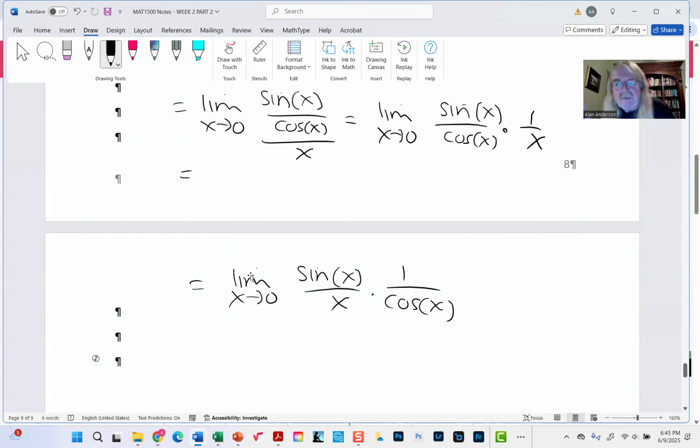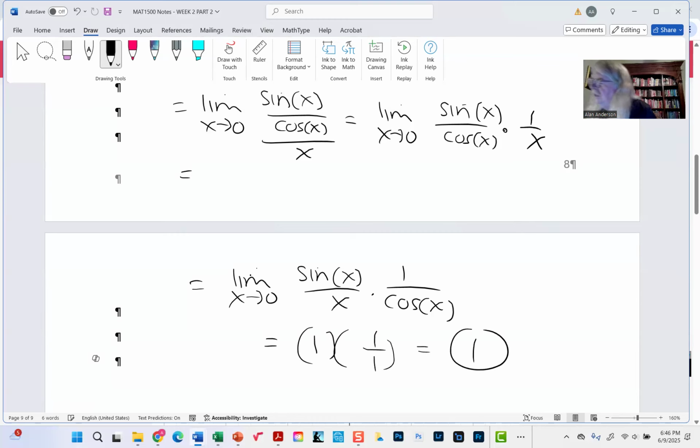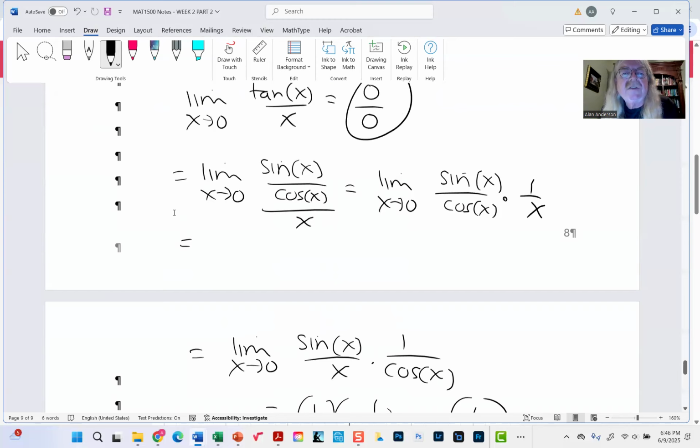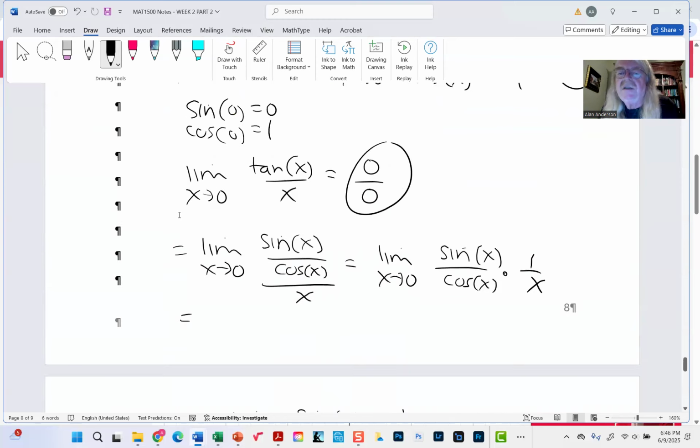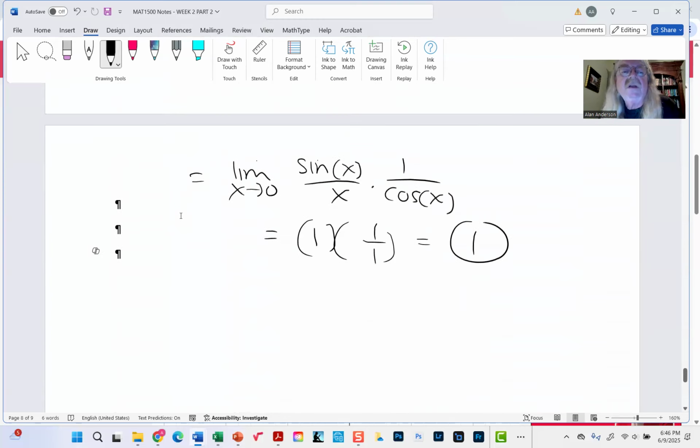So I'm not sure when they're going to prove this to us, but we'll take advantage of this knowledge. And now remember, the cosine of x at 0 is 1. So the limit of tan x over x actually works out to be 1. And so what we had to do was take a trig function and break it up into a product of other trig functions where we already know what those limits are.